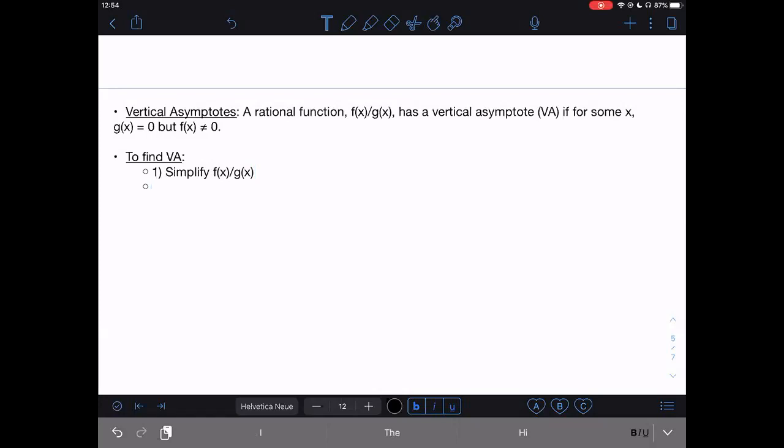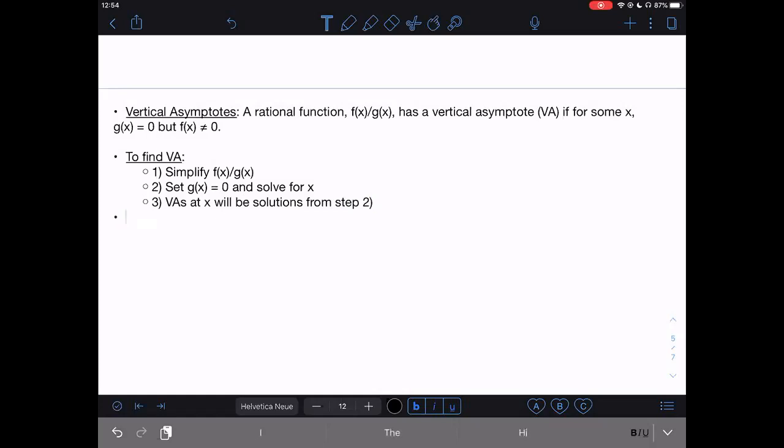And then after we simplify, we set the denominator equal to 0 and solve for x. Our vertical asymptotes will be the solutions that we obtain from that second step.